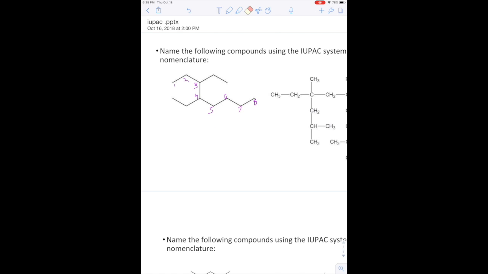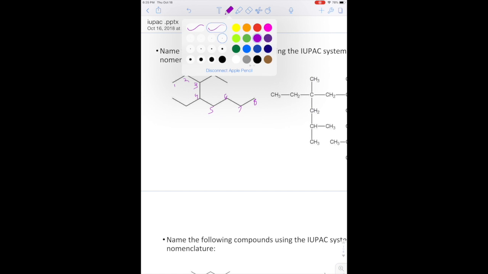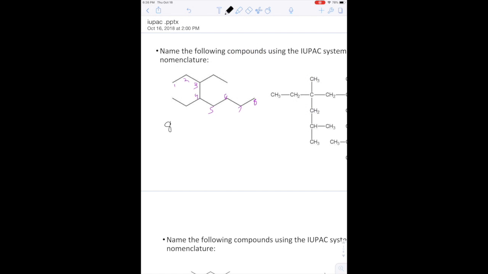Off the bat, I noticed that the carbon chain is 8 carbons long. If it's 8 carbons long, then that's an octane. So the longest carbon chain being octane. Well, now I have to find the substituents. There's a substituent on carbon 3, and there's another substituent on carbon 4.